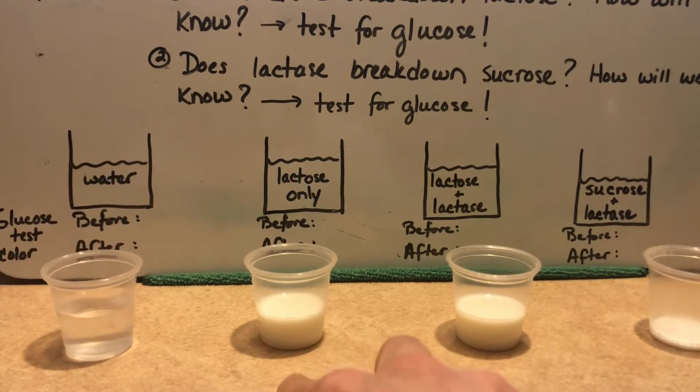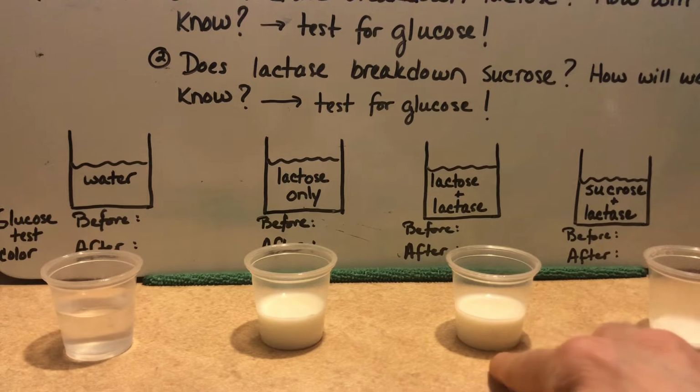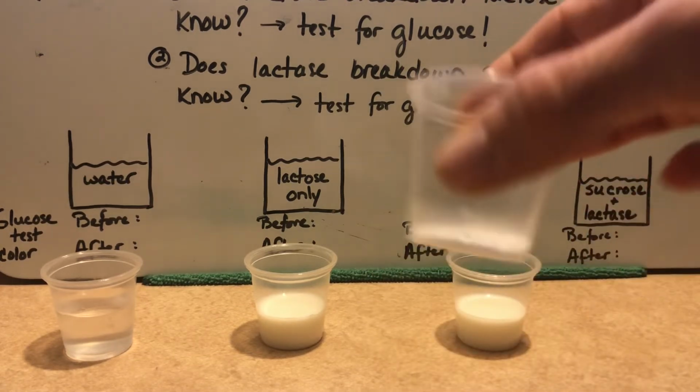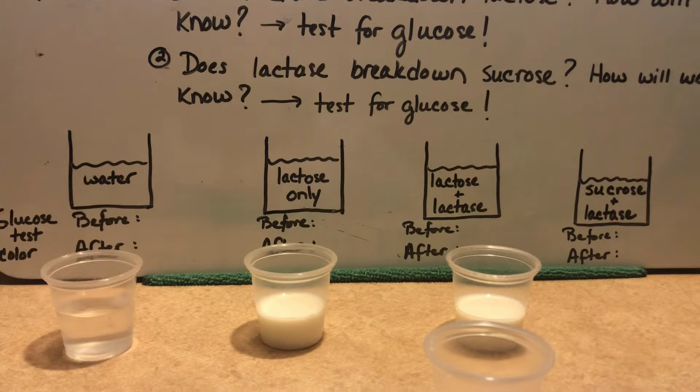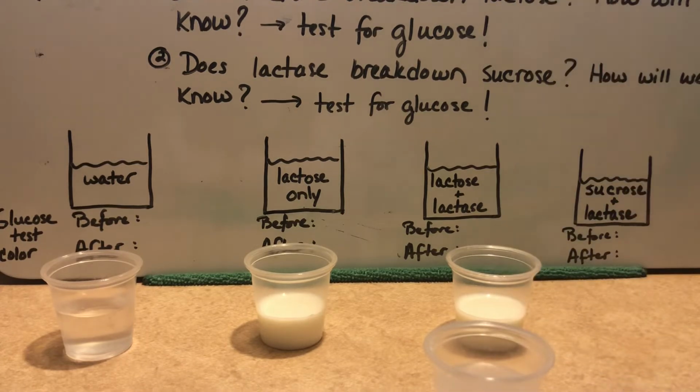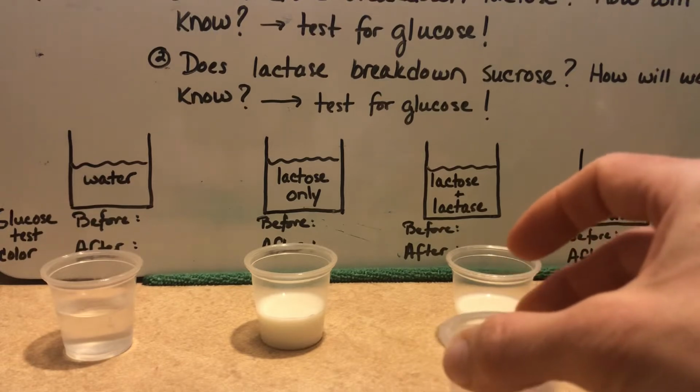This is milk, right? So that's going to be my source of lactose. This is also milk, but I'm going to add lactase enzyme to it. And over here in this container is going to be sucrose. Now all I did was take some table sugar and add some water to it to make a sucrose solution.